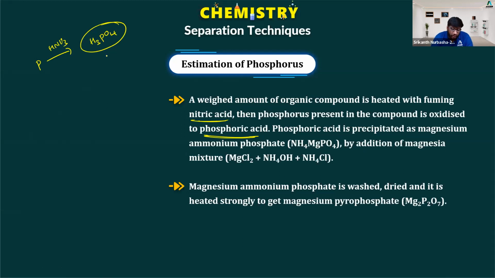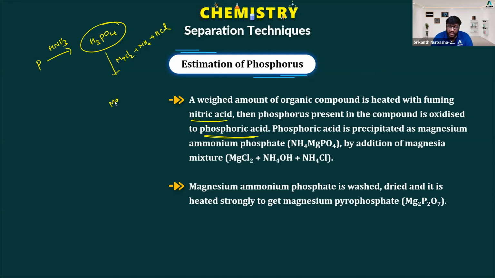This H3PO4 is treated with magnesia, a mixture of MgCl2, NH4OH and HCl, and the phosphoric acid is precipitated as magnesium ammonium phosphate.